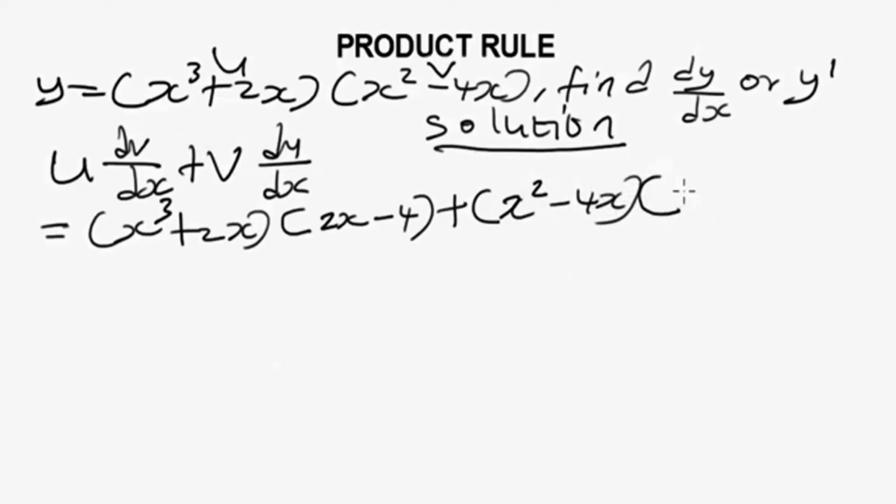So when we differentiate the values in u, we're going to have 3x squared plus 2. For those of you that might be confused on how I got 3x squared plus 2, or how I got 2x minus 4, in my first video I explained this.